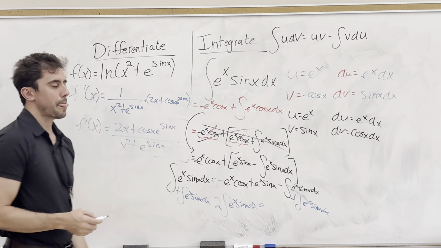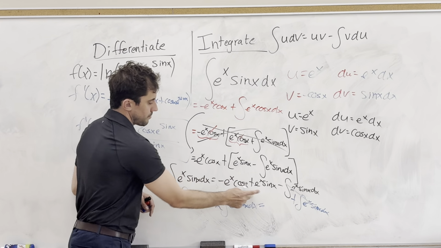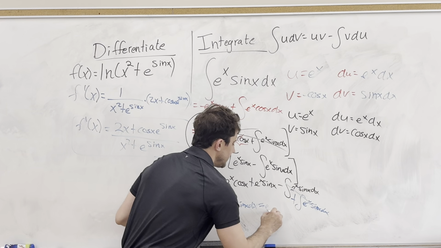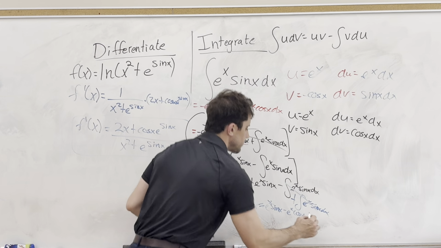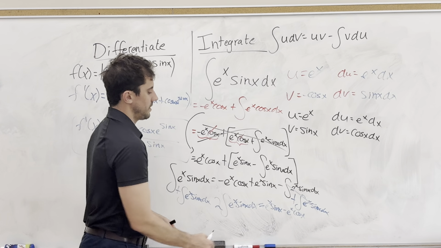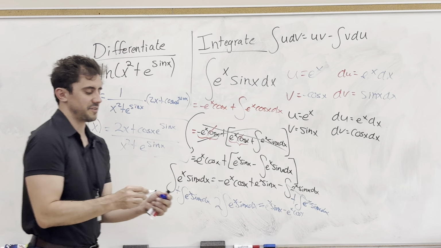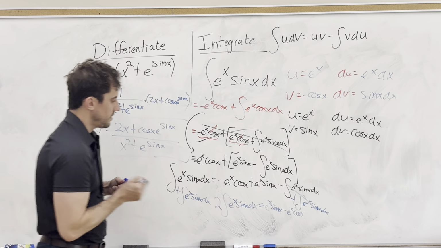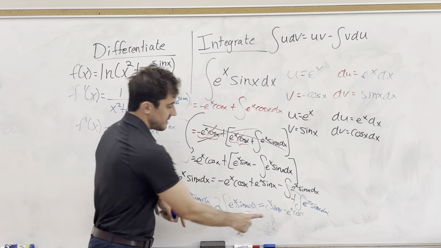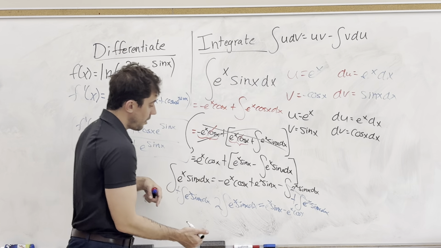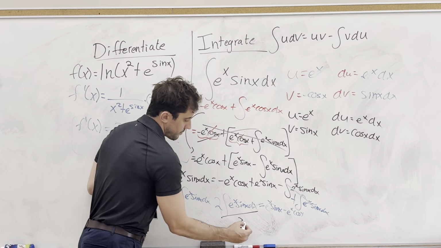Equals these two terms. I'll change the order just because this one is positive, this one's negative. So I'll write this as e to the x sine x minus e to the x cos x. There we go. And now, 2 times this integral that we're after all along is equal to this expression. All we have to do to get this integral all by itself, to get rid of the 2, is, as you know, divide both sides by 2.